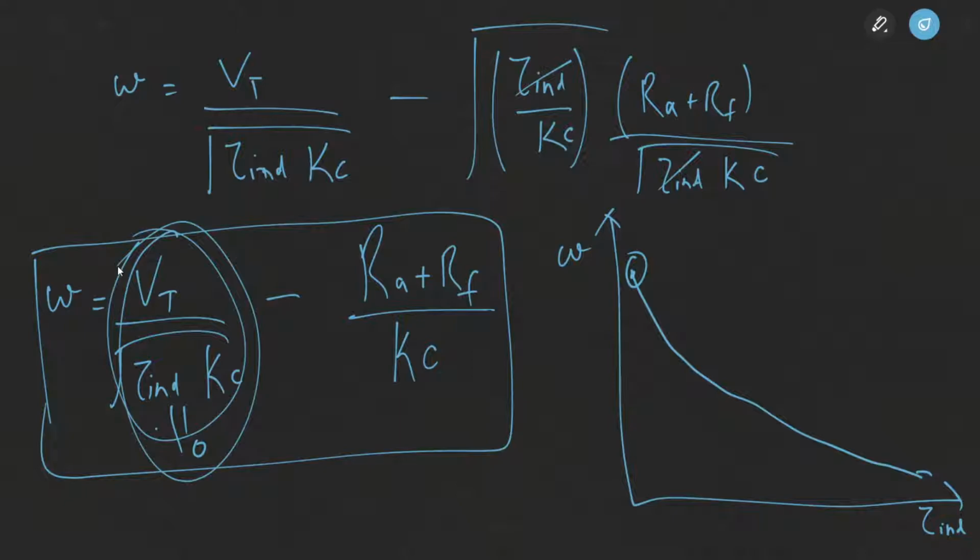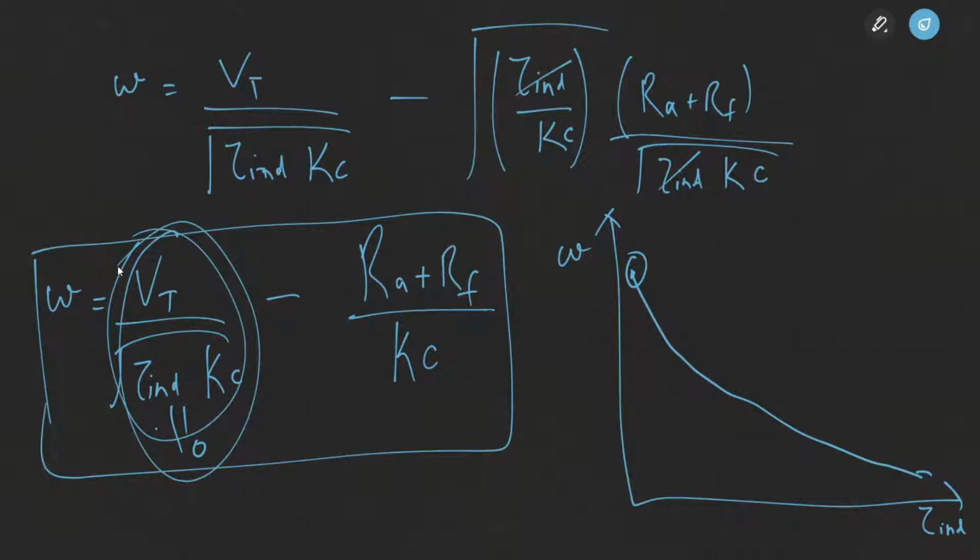If the system is completely unloaded, theoretically speaking, if there are no losses, ideally induced torque will be 0, therefore the speed will be infinite. That will cause damage to the DC series motor.